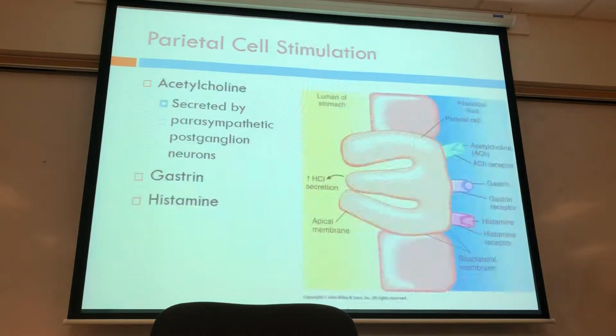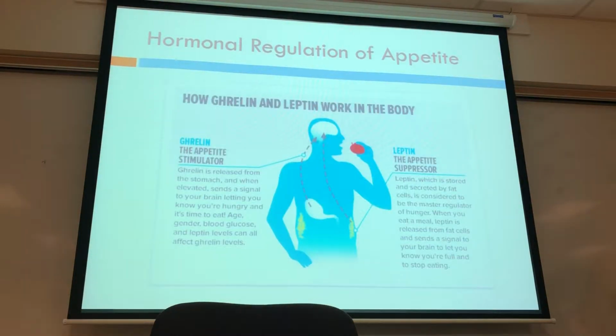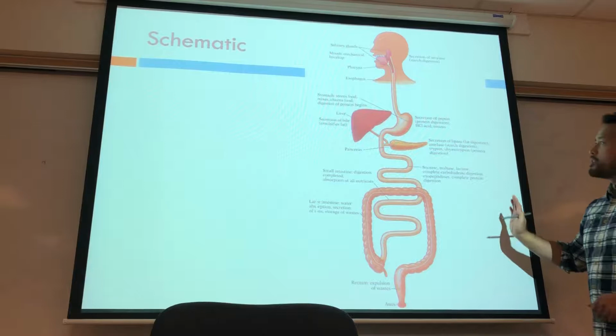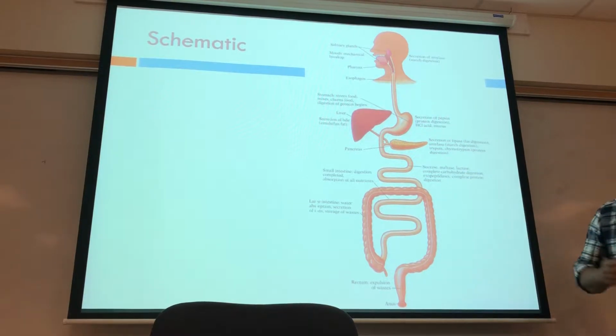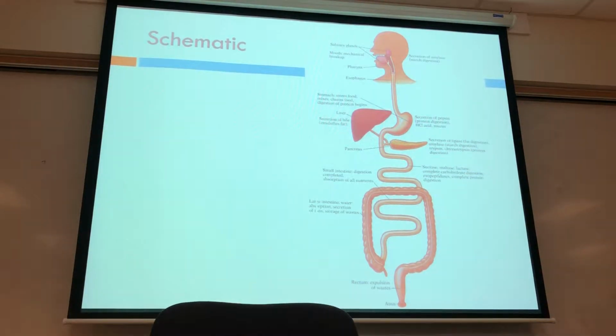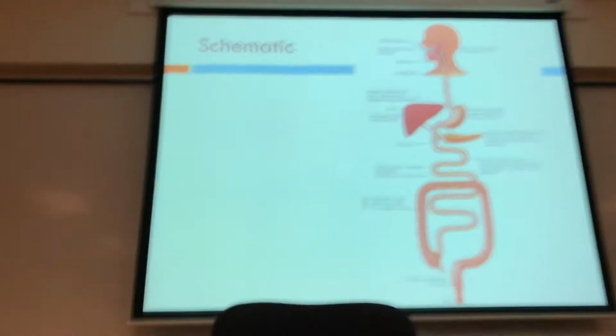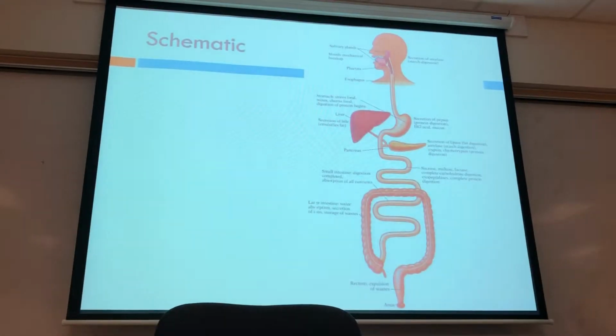We'll take a look at that in just a little bit, but what I wanted to do is a quick recap of what we talked about so far. So in our schematic, you can see we do have the entire alimentary canal, again, continuous with the external environment, in which anything that is ingested by the mouth makes its way through the cephalic phase.